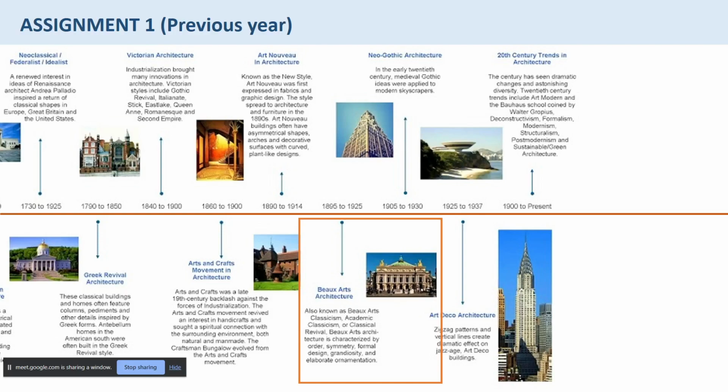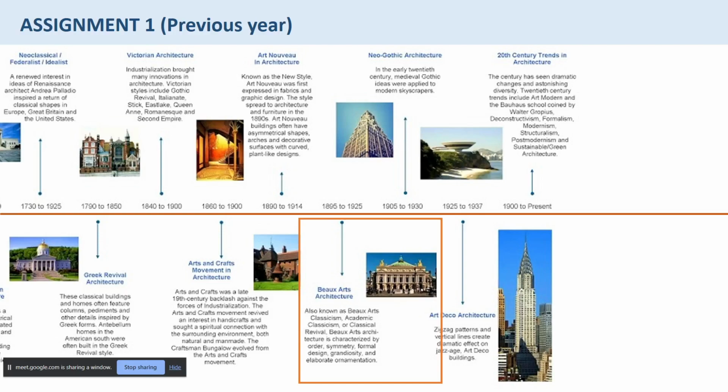This was a very big movement, and it again received a lot of backlash. It was basically created to have a backlash against the industrialization, because of industrialization everything was looking similar, everything was becoming very boring, and they all were looking similar, everything was getting into the same kinds of aesthetics.